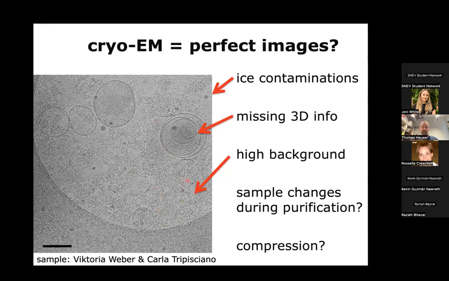This could be soluble proteins, other components we weren't able to sort out, cell debris, you name it. So our images look a lot noisier than, for example, if you work with test tube samples like liposomes.